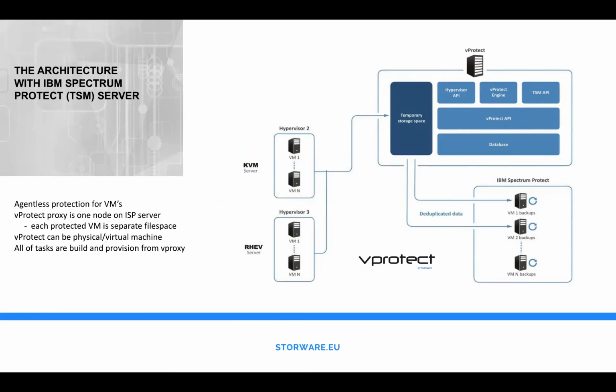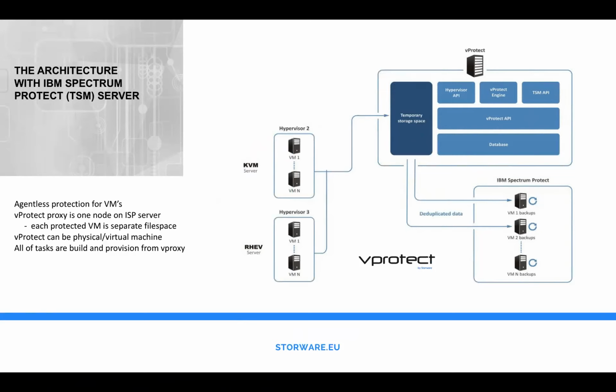What is more important, the vProtect node will be responsible for gathering the snapshots, doing the clones and taking the backups to this node, and the node will be communicating with the server, so it can be installed on one machine. So here you have an example where the node and the server are inside one installation. We have the vProtect API, database, and vProtect engine, everything in one place. So you don't have to have two physical or virtual machines.